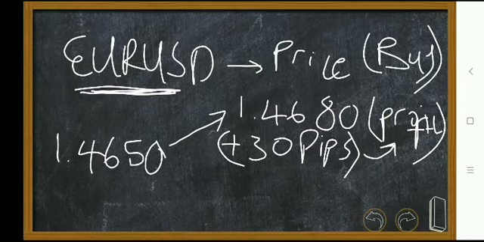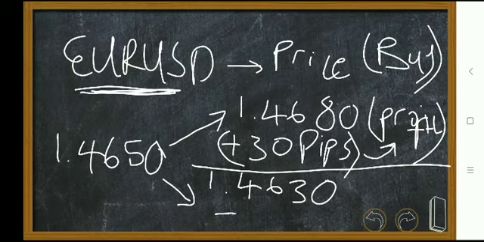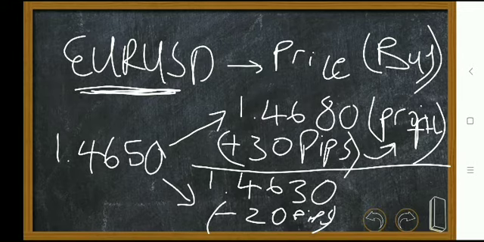So you've made profit. Then we're still in a buy scenario. If price was to drop, let's say to 1.4630, that means price went down by 20 pips. You will see what we call a loss.